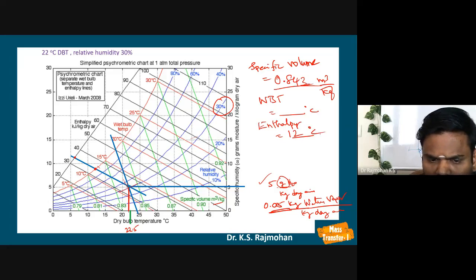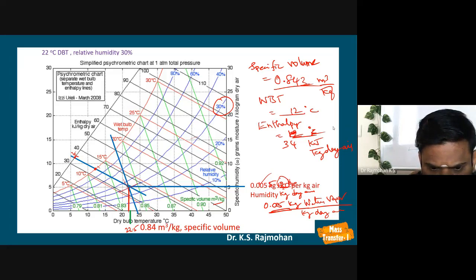Okay, so 12 degrees Celsius. And what is the enthalpy value? If you draw the line up to here, half of it is somewhere here, so it is slightly less than 35. 30 to 40, half is 35, so it is less than 35, so I can say 34 kilojoules per kg of dry air. Okay, and the dew point temperature also can be determined.